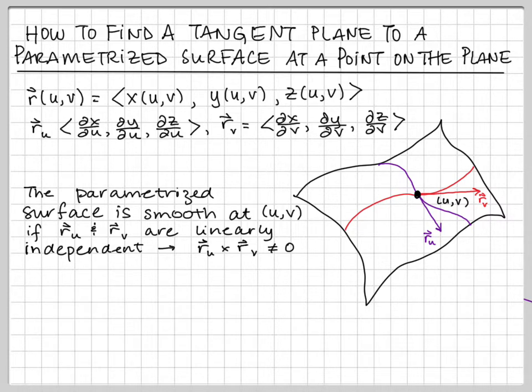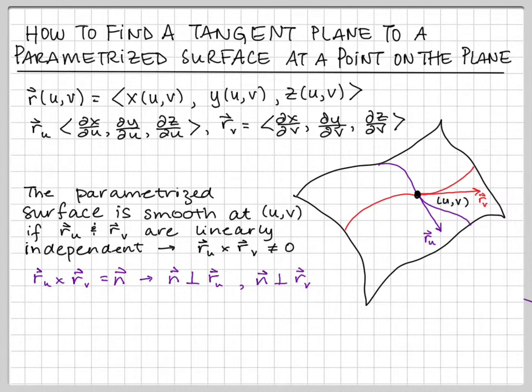In other dimensions, we don't have a cross product, but you can still talk about vectors being linearly independent. So if they are linearly independent, then this cross product, which I'll call n, is perpendicular to both of the vectors we crossed. So n is perpendicular to r sub u, and n is perpendicular to r sub v. And this n vector is a normal vector to the tangent plane.